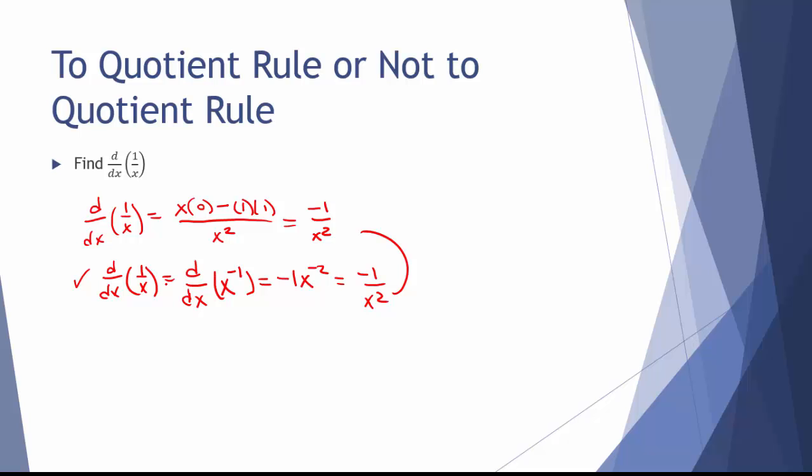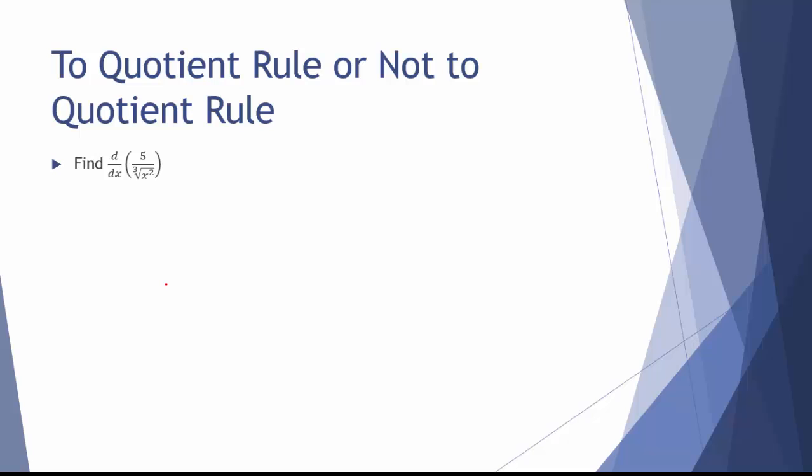Let's take a look at another one. We want to find d dx, the derivative with respect to x, of 5 over the cube root of x squared. Again, when we're taking derivatives that have radicals in them, we need to rewrite using a to the m divided by n equals the nth root of a to the m, which is the same thing as the nth root of a raised to the m.